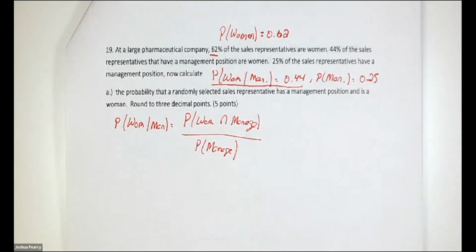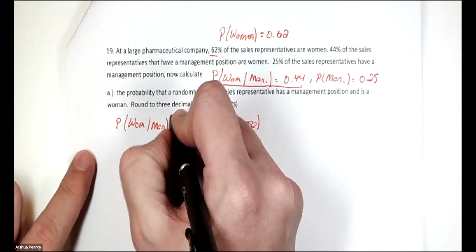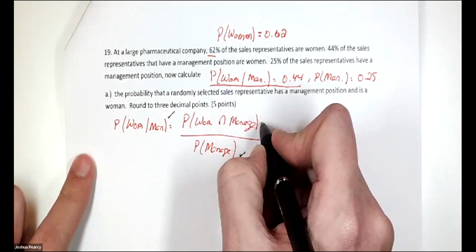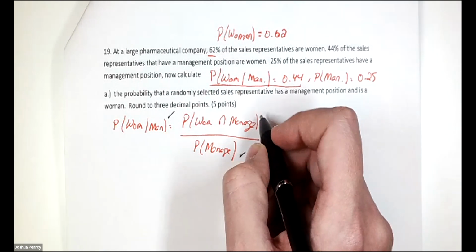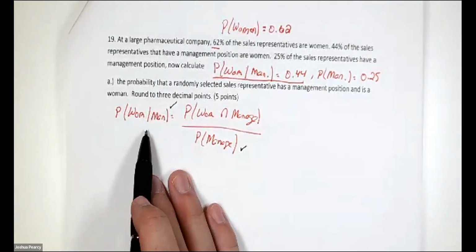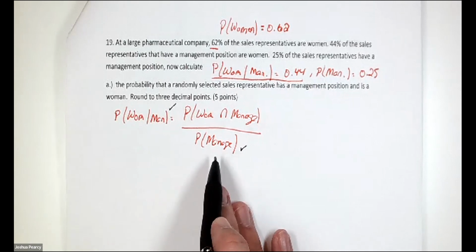What part of this formula do I have and which part do I want? You have these two parts. You want this part. How do you do that? Take this probability and then multiply it by that.